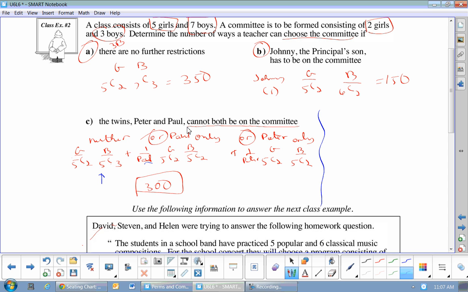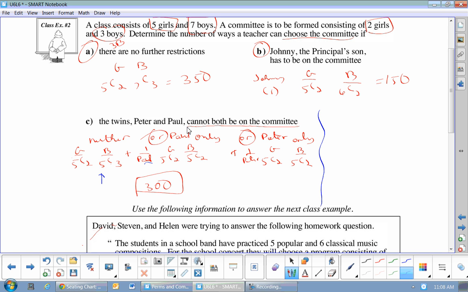There's one more scenario that is actually the complete opposite, as cannot both. They don't form their own committee. They are together in the committee. So the complete opposite of both of you cannot be on would mean both can be or both are.